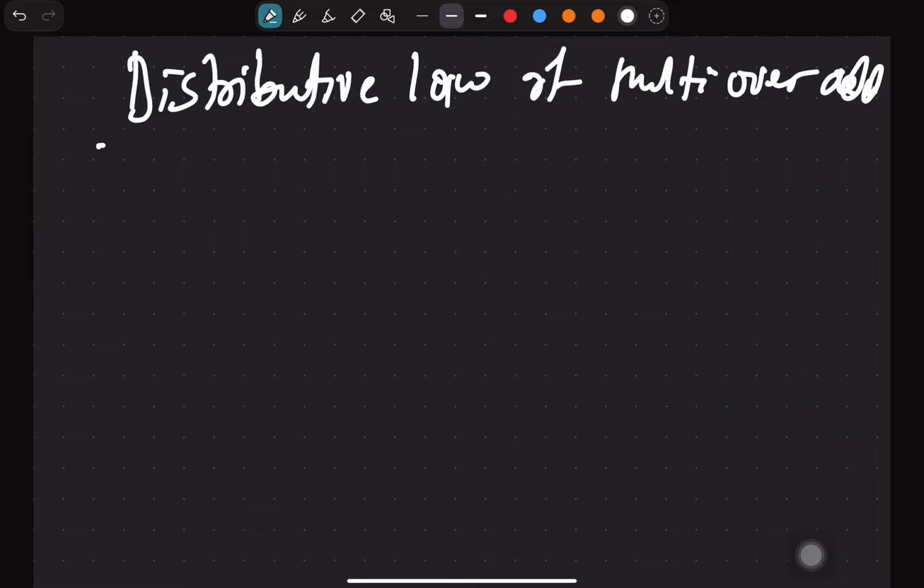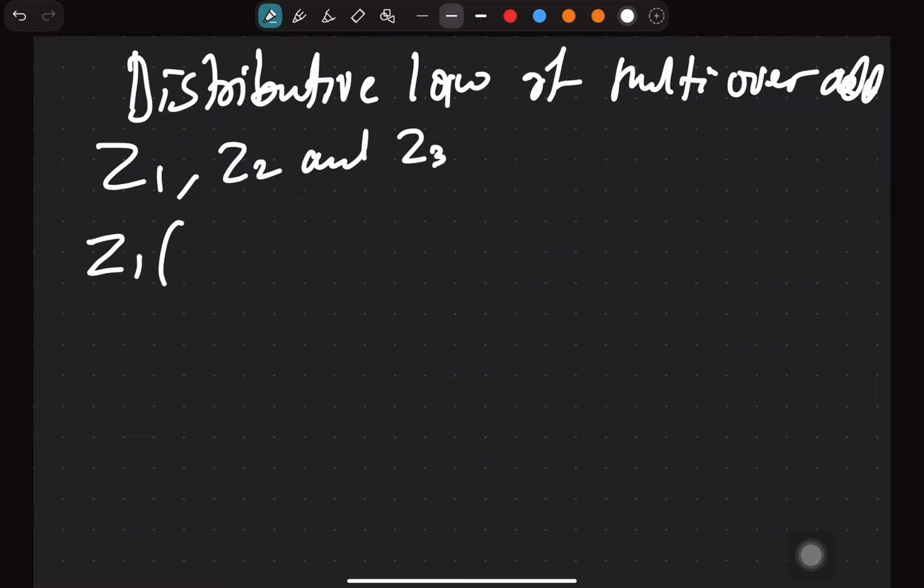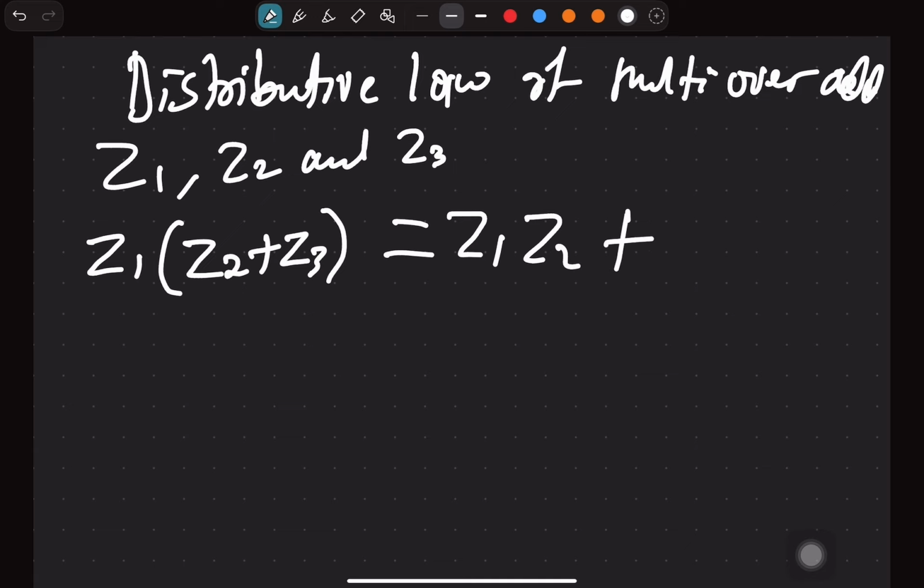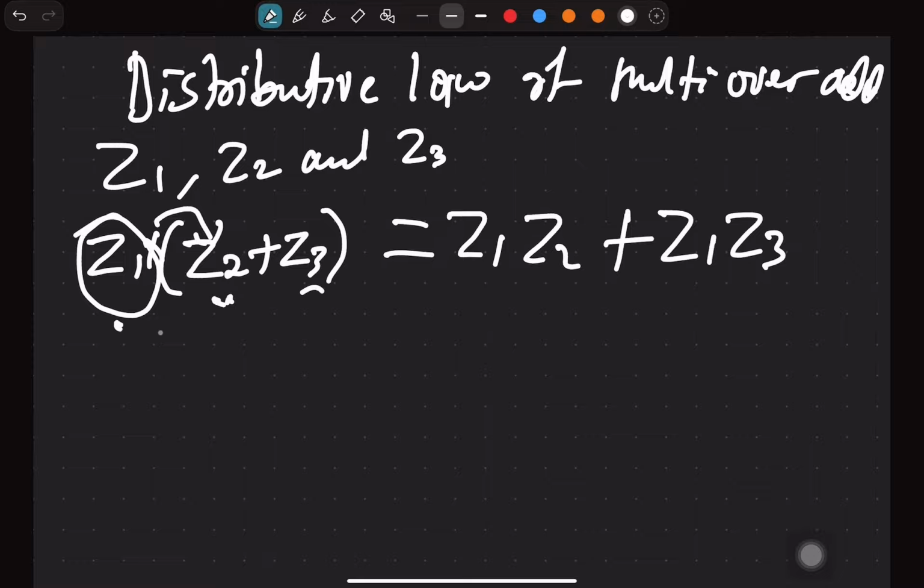Here we should expect, when we have three complex numbers z1, z2 and z3, then z1 multiplying z2 plus z3 can be done by multiplying z1 by z2 and adding it to the result of z1 z3. So what's happening is that we have distributed this multiplication over the addition happening in the bracket. So if we distribute the z1 over the two, we get z1 z2 plus z1 z3.